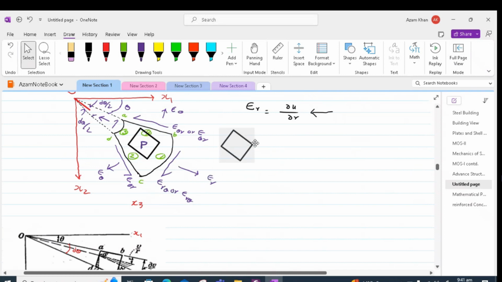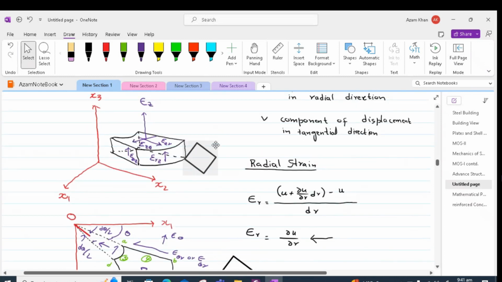Similarly, if we assume that along the z direction we have got an element, this element, if we move along the z direction, it is getting stretched and squished. But there is no rigid body movement in this body or element.